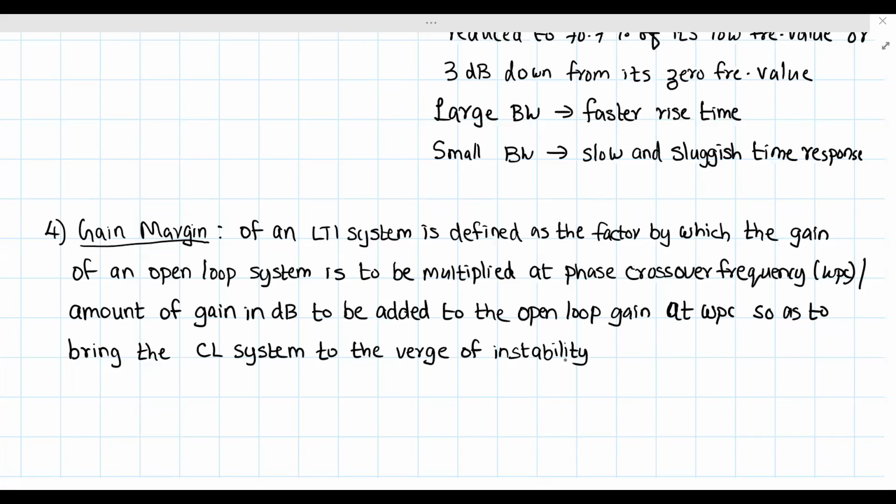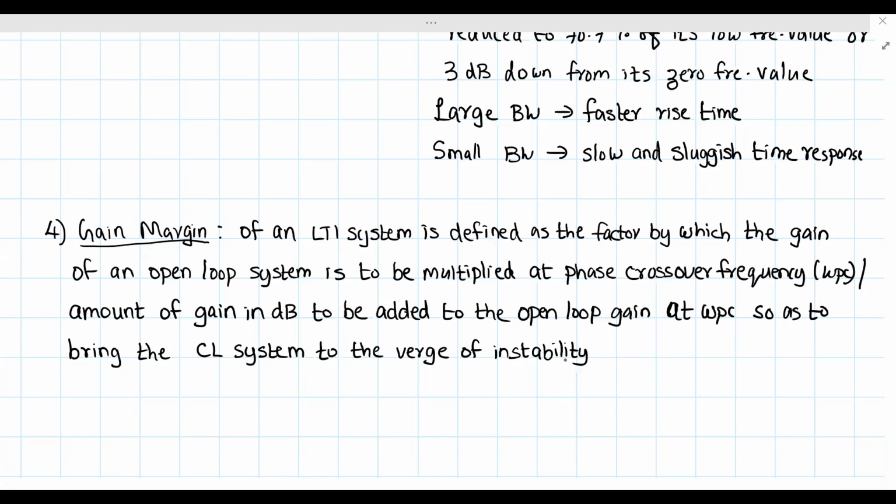That's a physical meaning. In the coming classes we will see what is Bode plot and what is Nyquist plot. Then only you will understand this definition in more depth. So I suggest you hold up to the point where we take up Bode plot as well as the Nyquist plot.